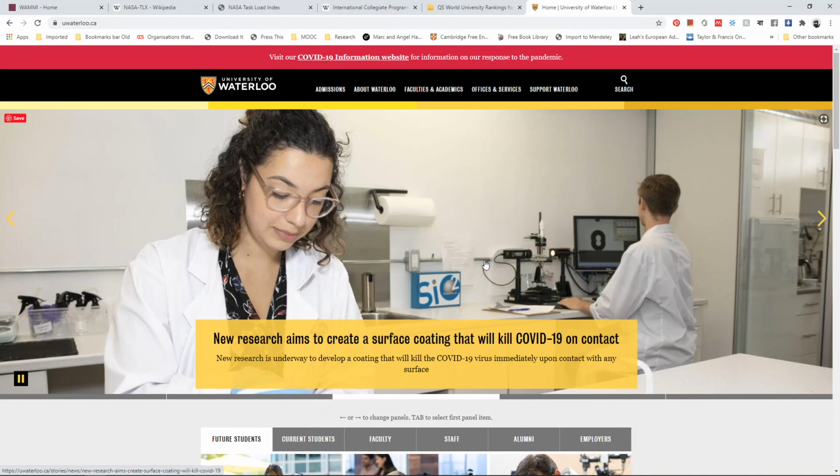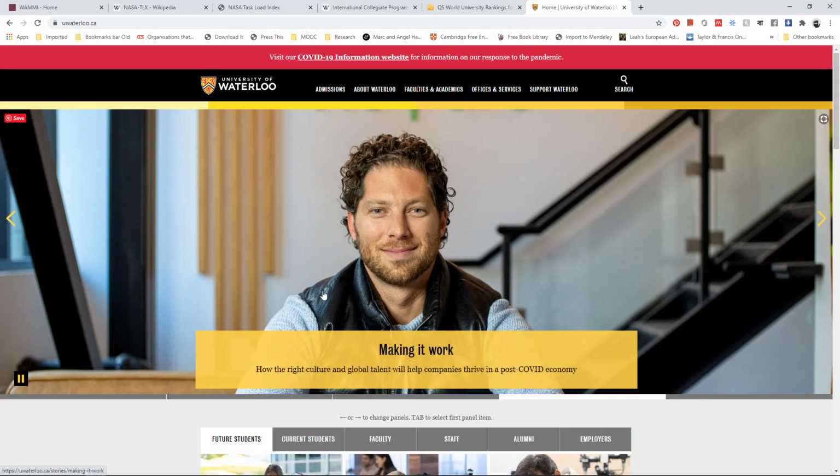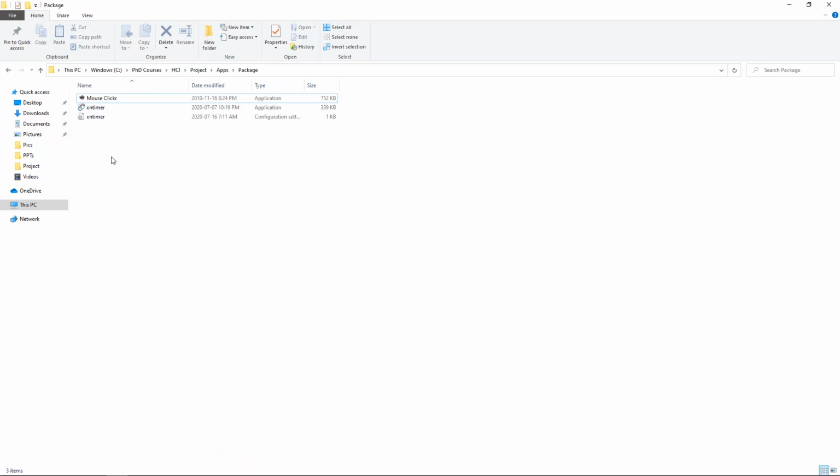But wait, as we mentioned before, we need to set the counters for the time and the clicks. So here I will provide you with two software tools, the mouse click counter and the timer. The timer will be this xn timer.